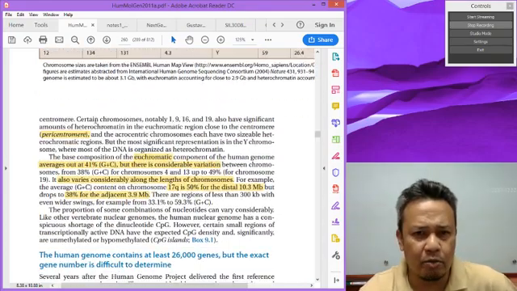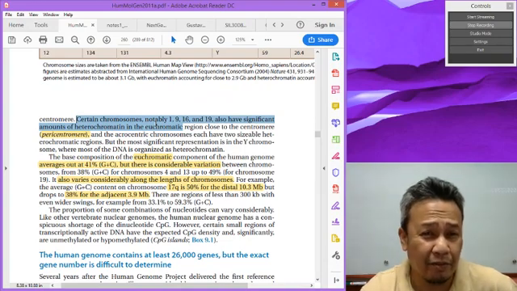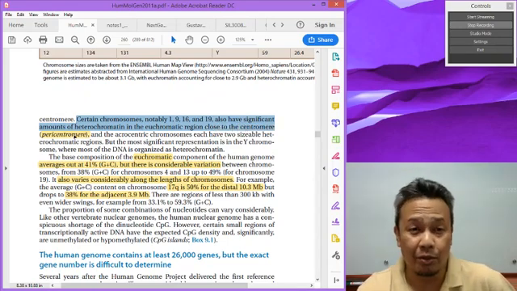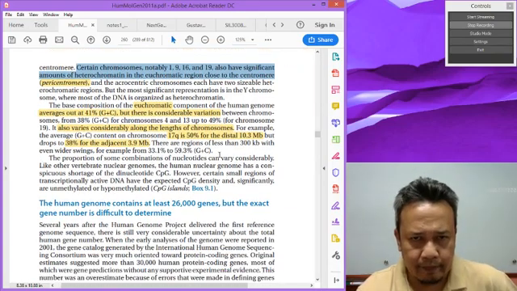Certain chromosomes, notably 1, 9, 16, and 19, also have different amounts of heterochromatin in the euchromatic region, with significant amounts close to the centromere, and this is also called the pericentromeric region. The last 2 paragraphs talk about the GC content.